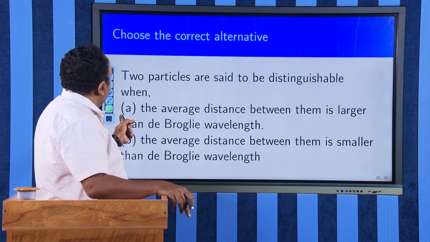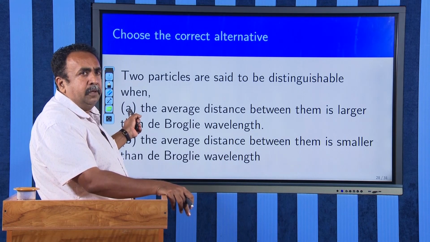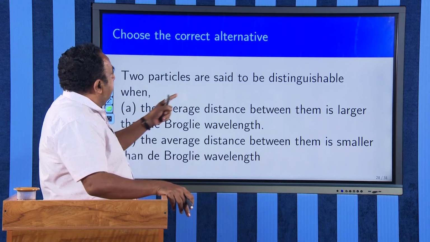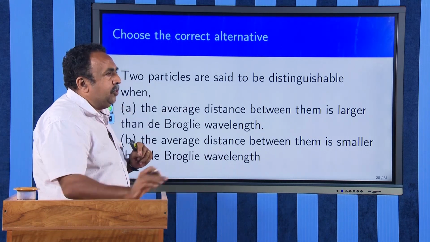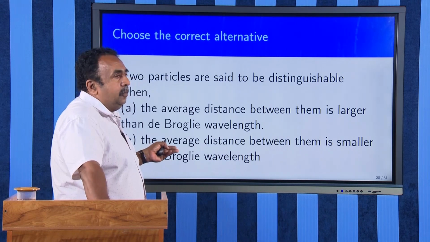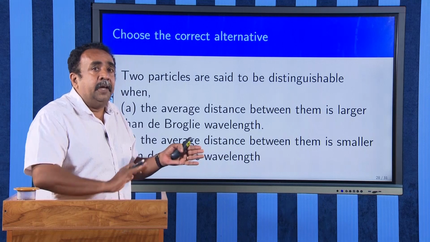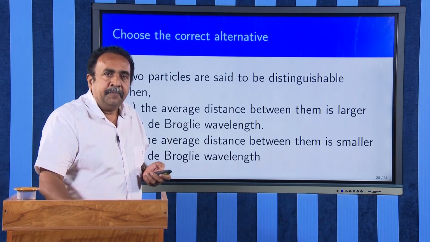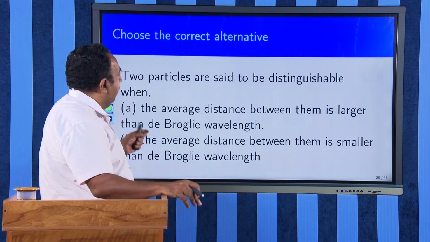I will give you two questions. First: when are two particles said to be distinguishable? Indistinguishable particles have overlapping wave functions. Therefore, if the wave functions are not overlapping, we say the particles are distinguishable.